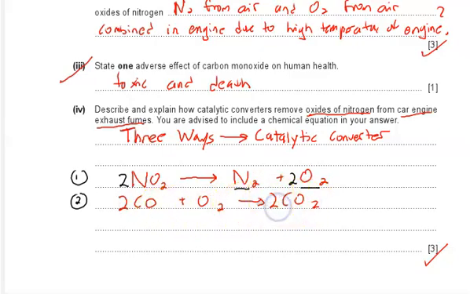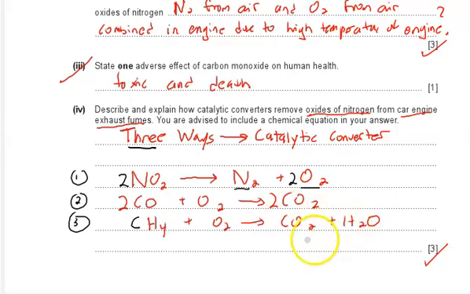This is how we do this balancing. And the last one, because it's 3 ways, right? There's the last one here, and we have oxidation of hydrocarbon. Let's say for example we have methane gas. It will be completely oxidized to form carbon dioxide plus water.